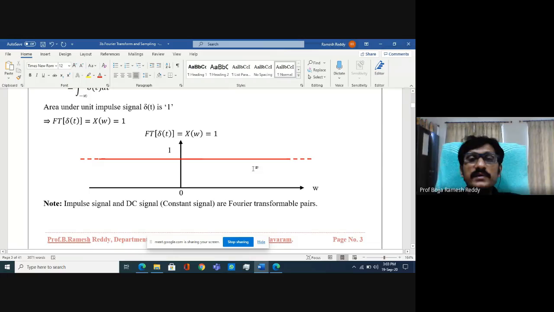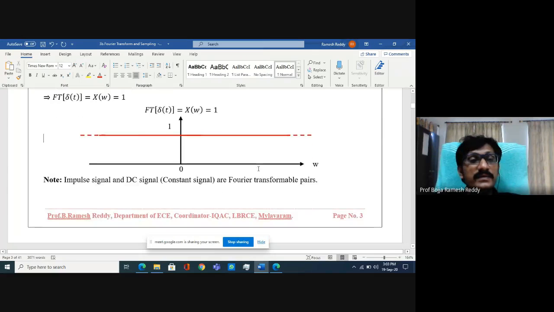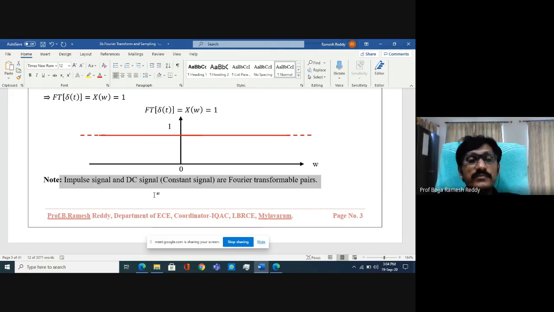This constant is also known as a DC signal. Therefore, see this note: impulse signal and DC signals are Fourier transformable pairs. We have to know this line. This is an important statement. In competitive examinations, they will give options like 'the following are Fourier transformable pairs'.